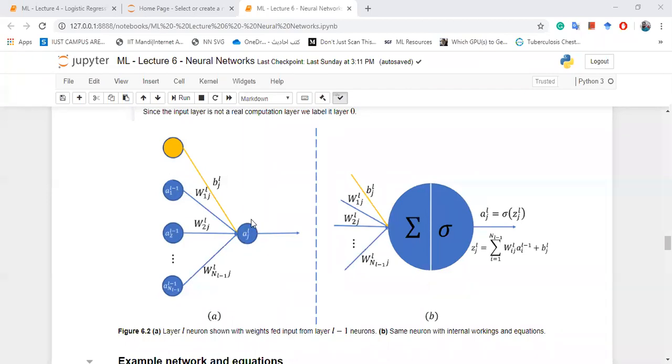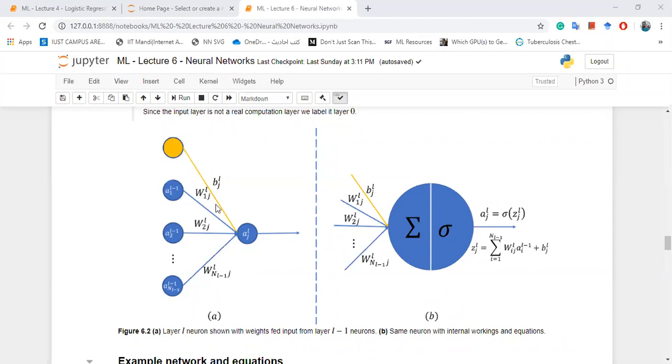It receives inputs from all the neurons of the previous layer: neuron 1, neuron 2, up to neuron n_{L-1}, where n_{L-1} means the number of neurons in layer L minus 1. Each of these edges has a weight. So this is W_1j, the weight of neuron J in layer L coming from neuron 1 of layer L minus 1. Similarly W_2j, and so on and so forth.